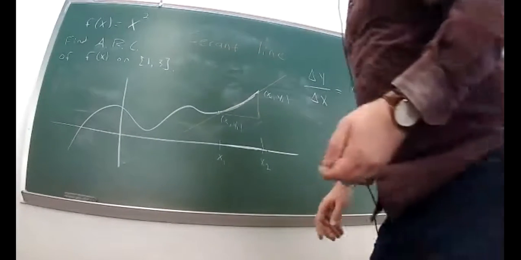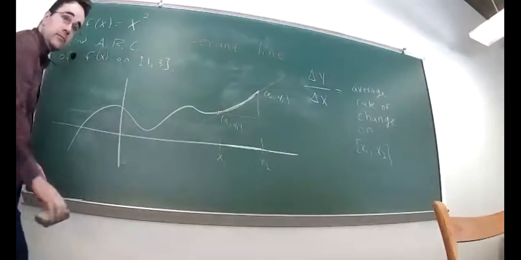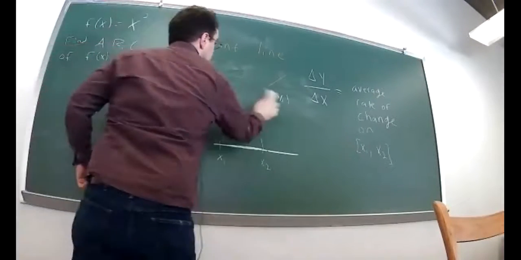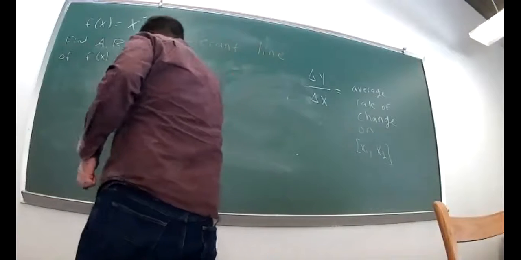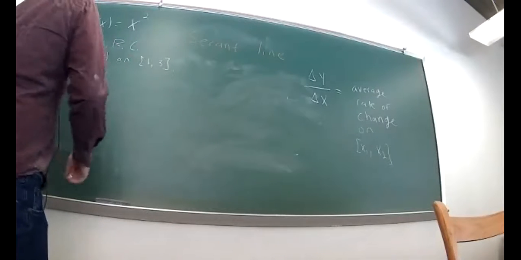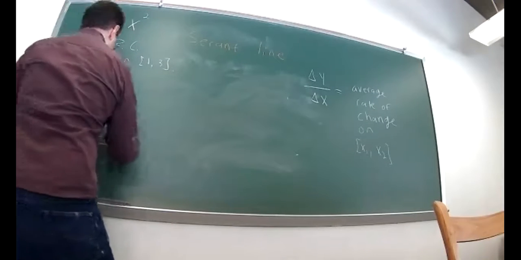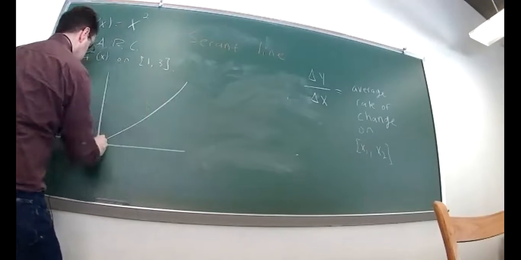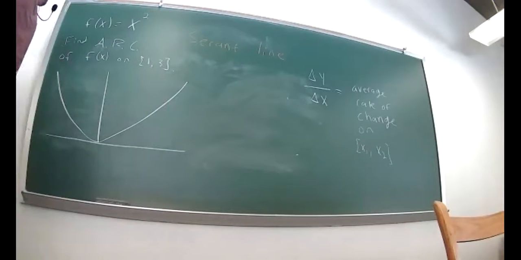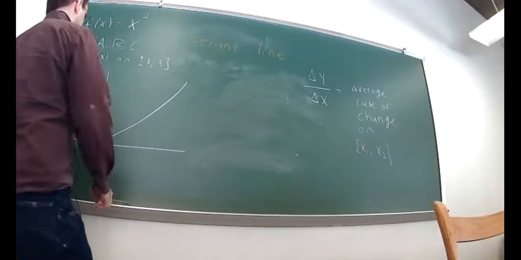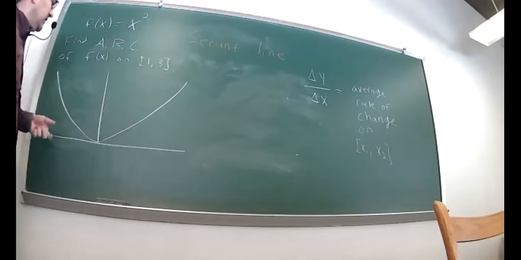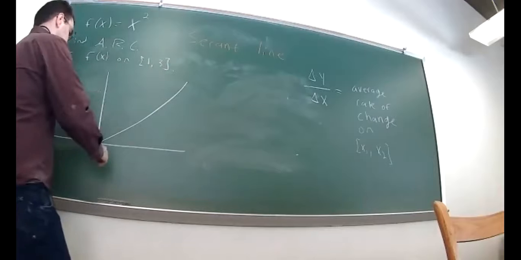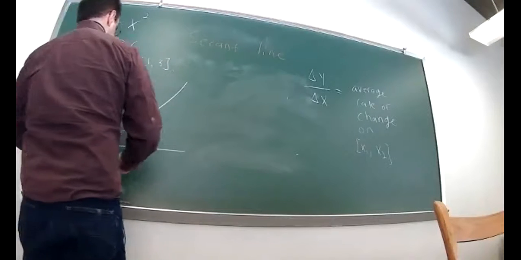Okay, after giving you a moment, I'll show it and then I'll give you another chance to practice. You don't have to draw a picture to do this, but why not? It's a schematic picture of f of x equals x squared. I haven't labeled my x and y axis, so it's just schematic.